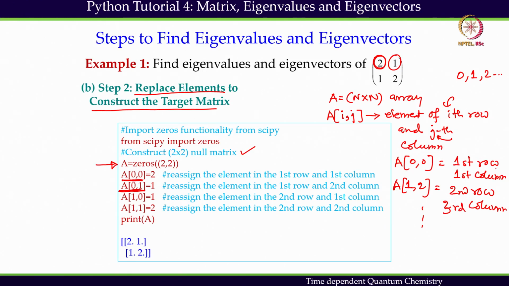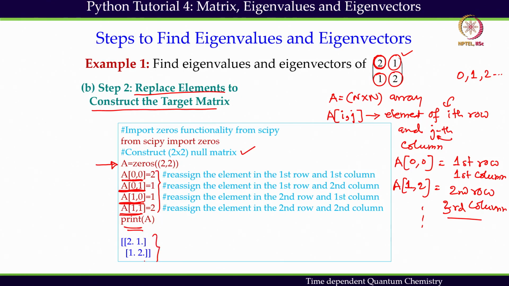Zero 0 is the first row first column, 1 2 is the second row and third column. So, similarly A01 now is going to be first row second column. Then 1 0 is second row first column, this one, and A11 is going to be second row second column, this value, and that is the way we are reassigning it, and if we print it we will be able to see what we have assigned.